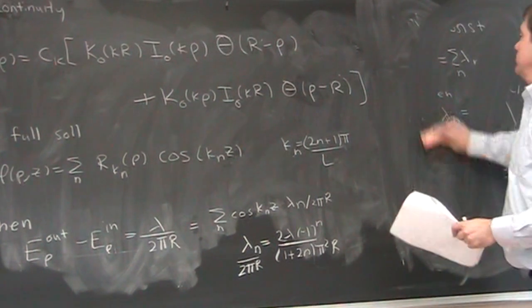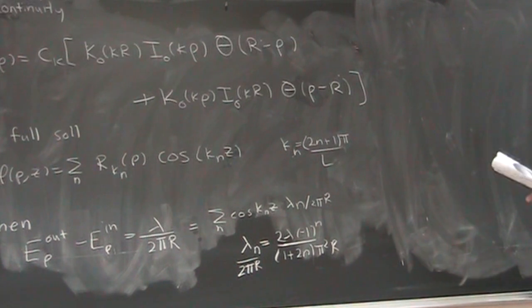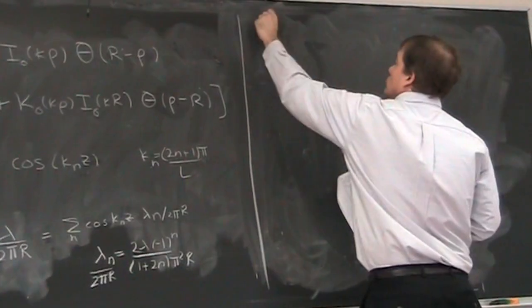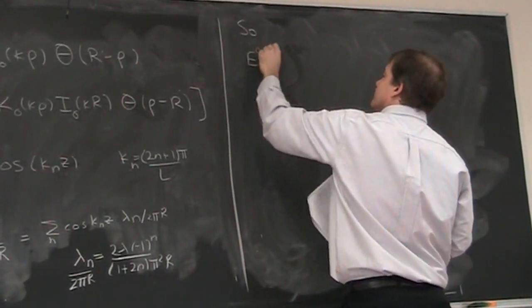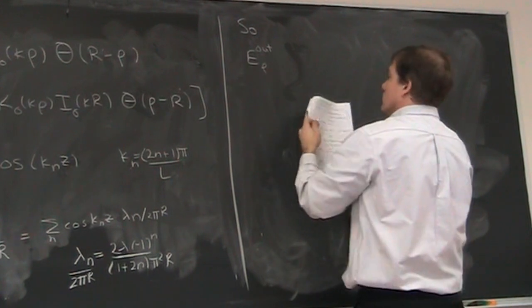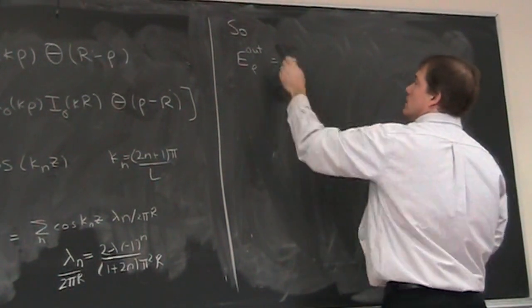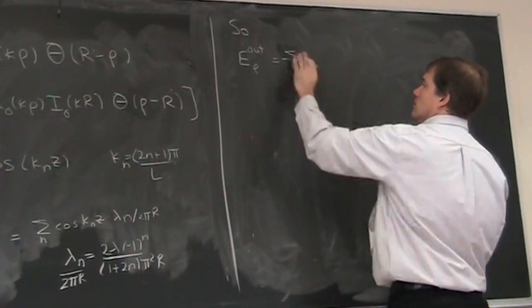Okay, so now differentiate away. Very good. Sum over n. Turns out to be minus 1.